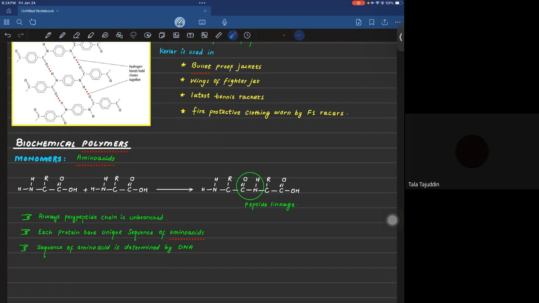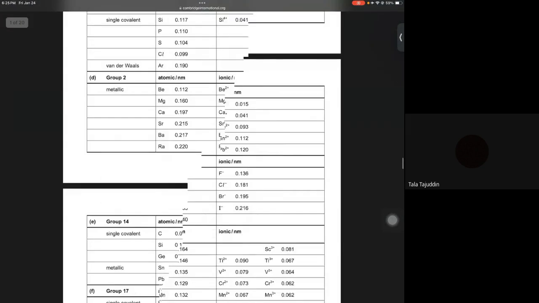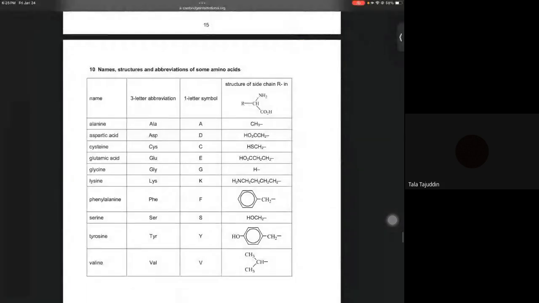If you look at the data booklet, you will see that we have different R groups.